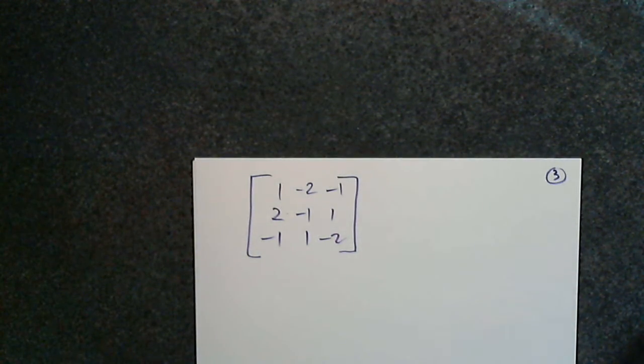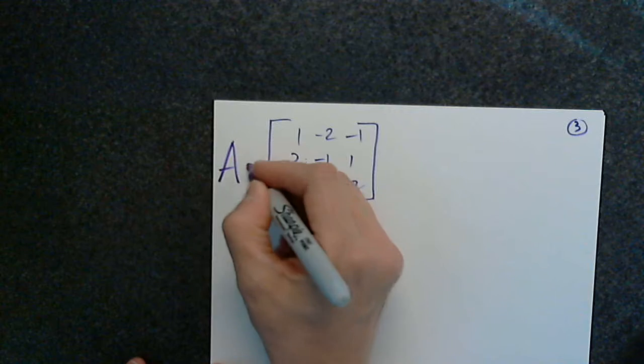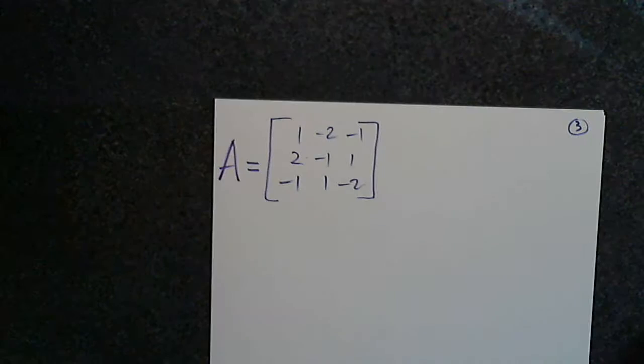So this is the preliminary step. This is denoted by uppercase A. And this is the matrix with coefficients of x, y, and z. The coefficient matrix of the system. Is that okay? Okay.